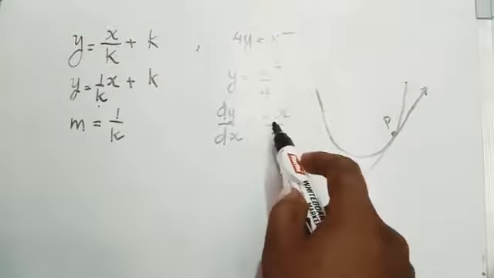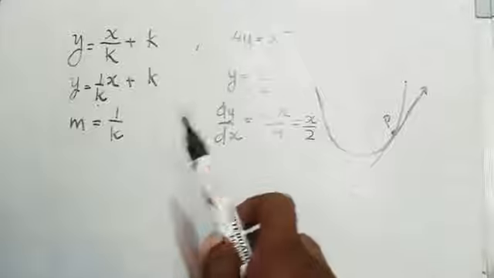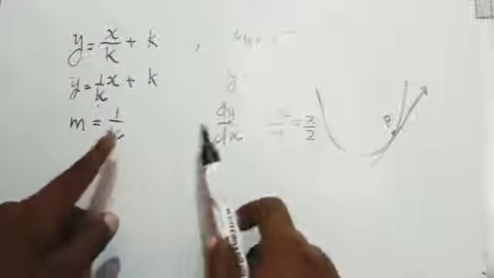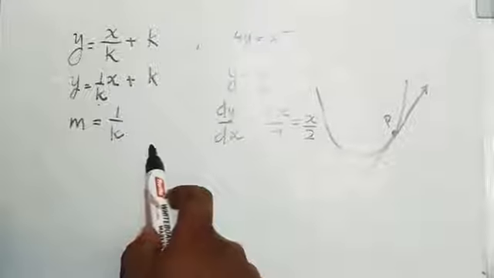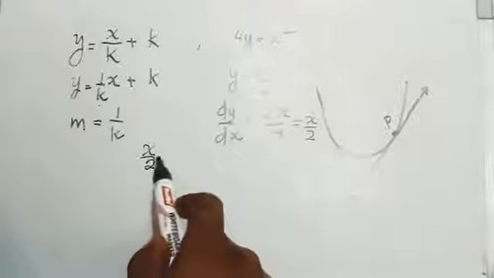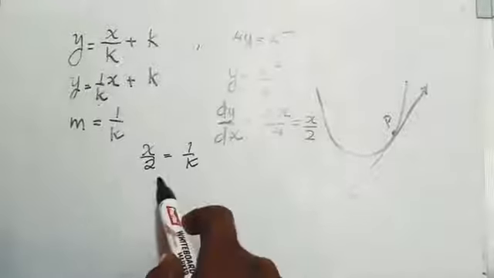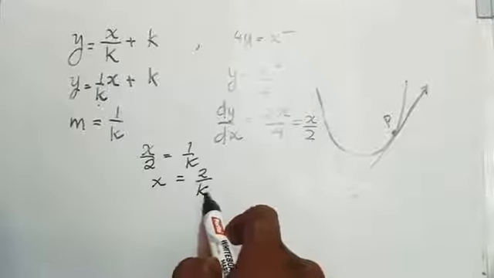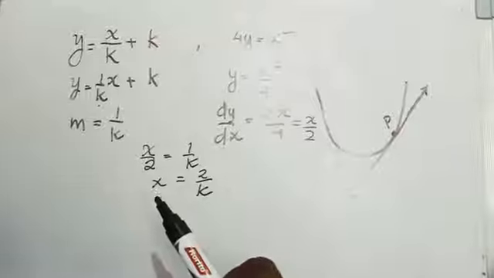So we get it as x by 2. Now both define the gradient of the tangent, so we can equate x by 2 as 1 by k, or x is 2 over k. So we get the value of x as 2 over k.